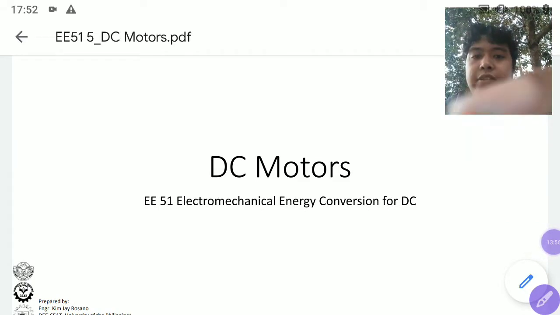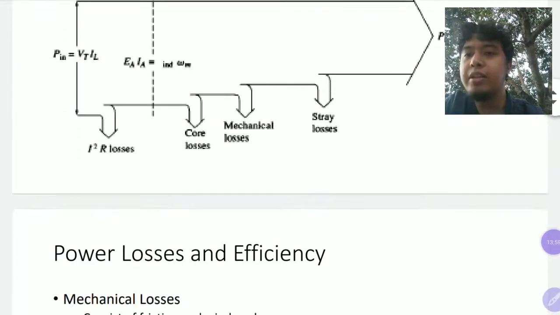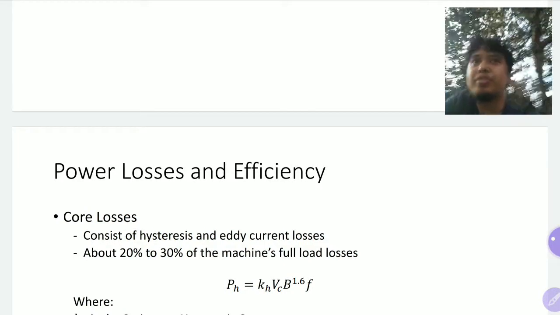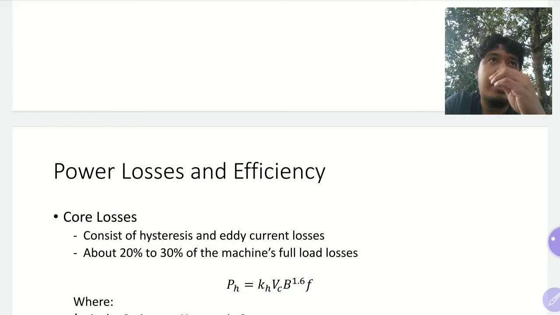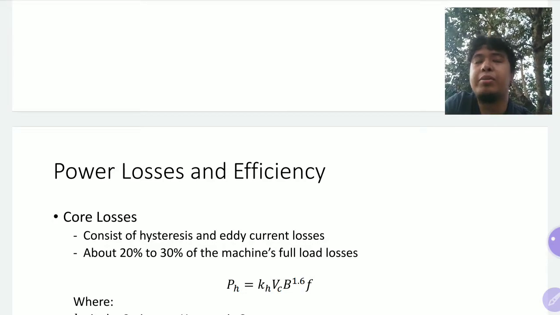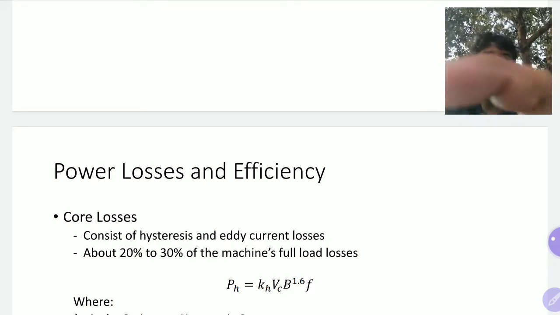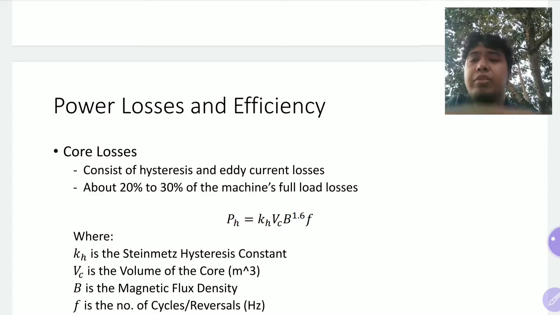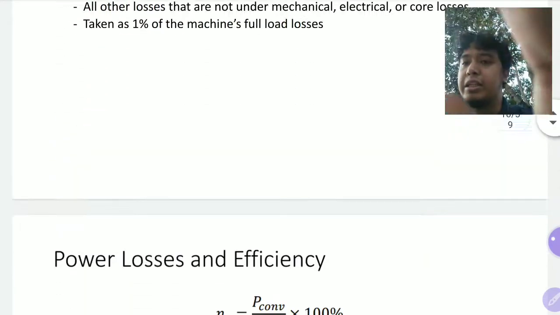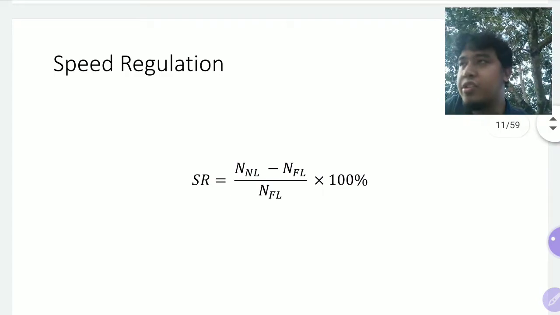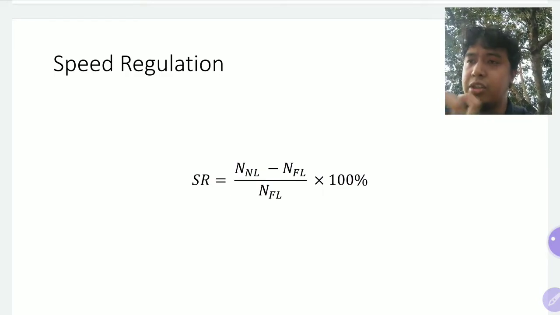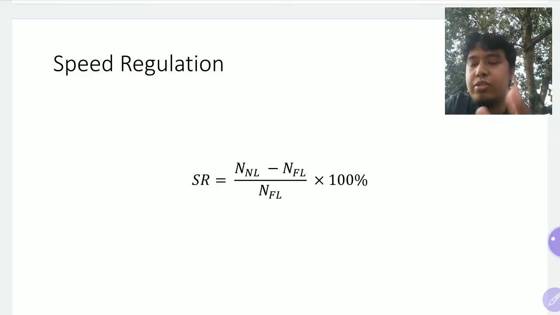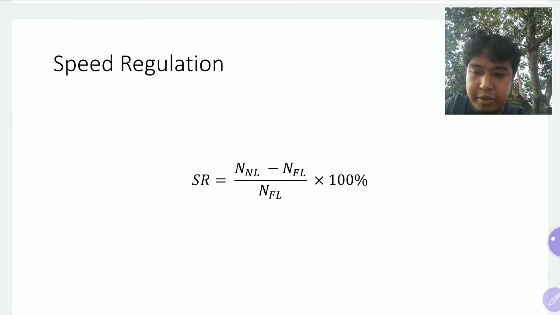Okay, so now this is DC motors. Again, the difference between motors and generators is that motors output mechanical power, therefore it's in terms of torque and RPM. So you don't have voltage regulation for motors. What you have is speed regulation, which is the same as voltage regulation, but instead of voltage we just use RPM or speed values.